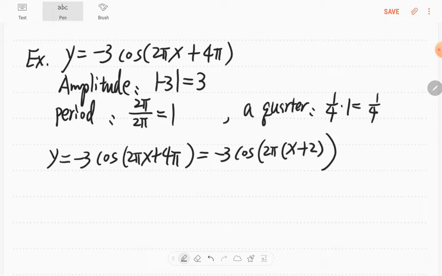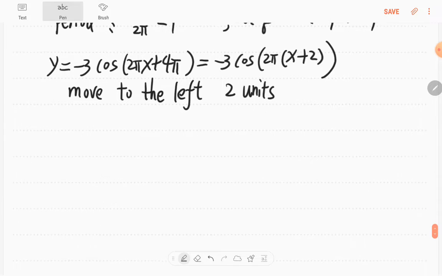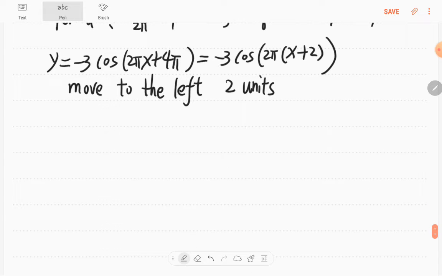This tells you that we will move the graph to the left by 2 units. So this is the idea, right?